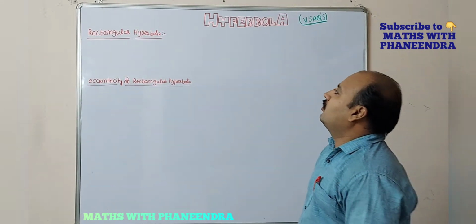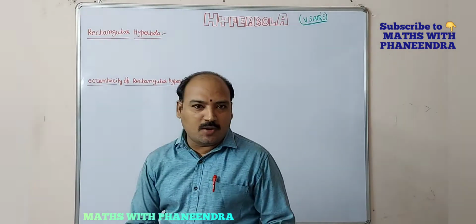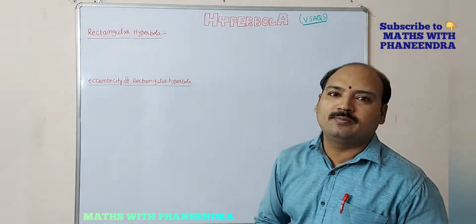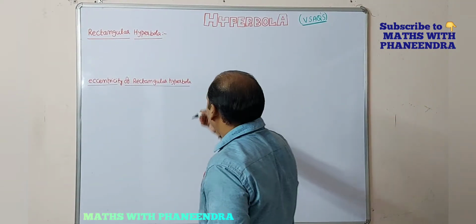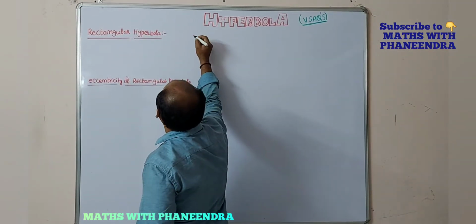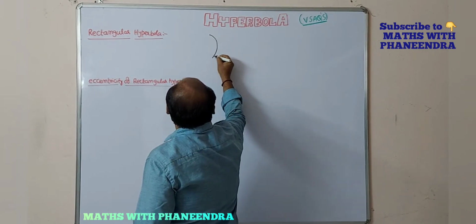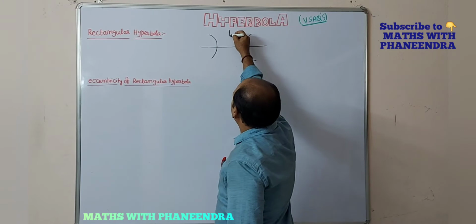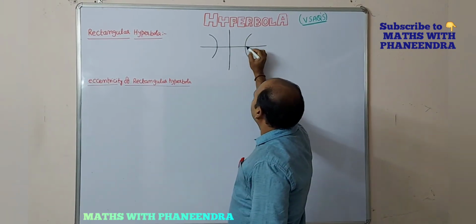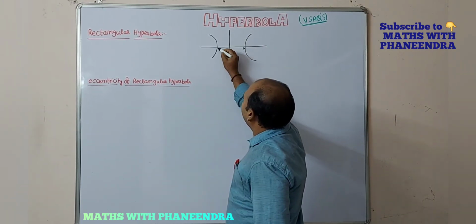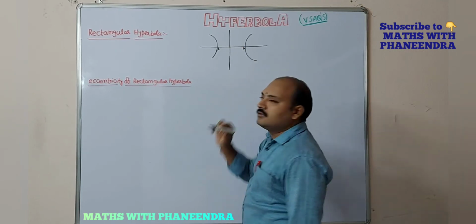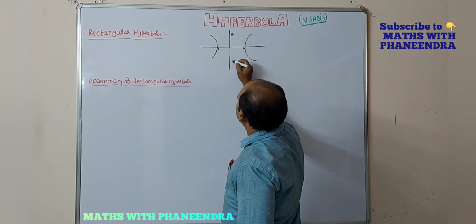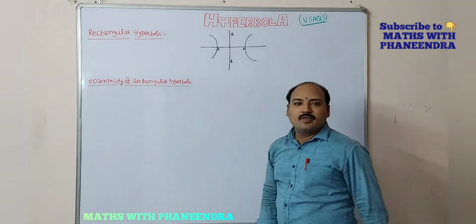rectangular hyperbola. What is meant by rectangular hyperbola? They will ask in the public examination, define rectangular hyperbola. See here, this is the figure of a hyperbola. A A' is the transverse axis, B B' is the conjugate axis.